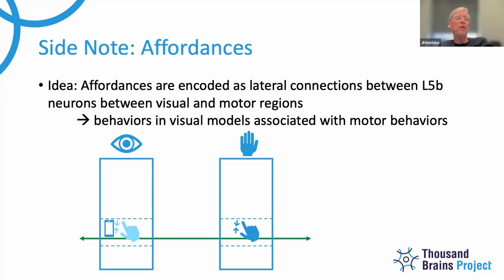The word affordance, as I've used it in my past, is something physical about an object that suggests how it behaves and how it could be manipulated. It doesn't suggest how I might actually manipulate it.